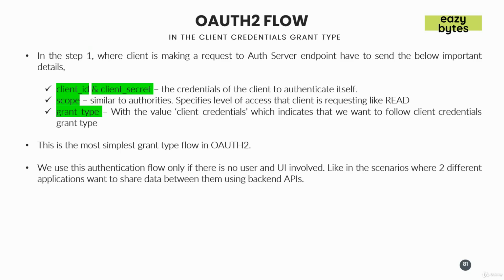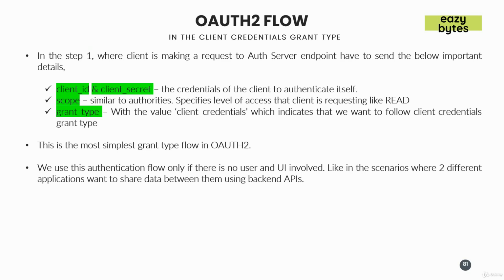Next is scope, similar to authorities, the level of access that the client is requesting, like read, write. And the last one is the grant type. Here the difference is we will send the value as client_credentials to indicate to the auth server that there is no user involved and we want to use the client credentials grant type to generate the access token.